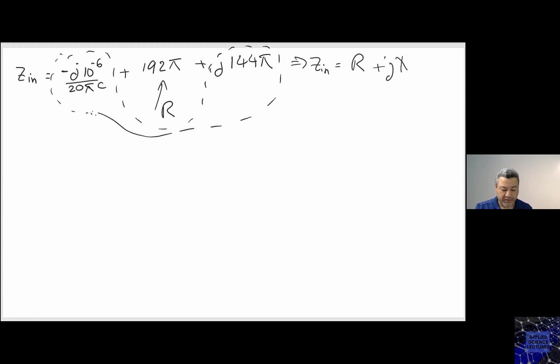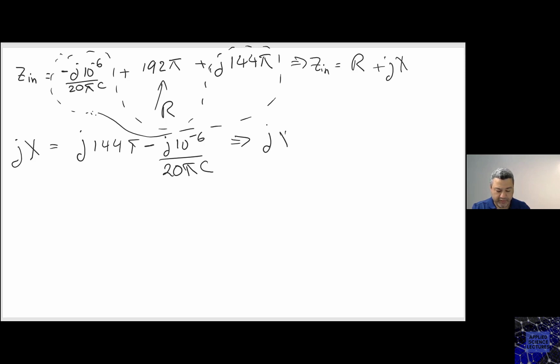So let me take now this reactive part, jX equals 144 pi minus j 10 to the power minus 6 over 20 pi C.